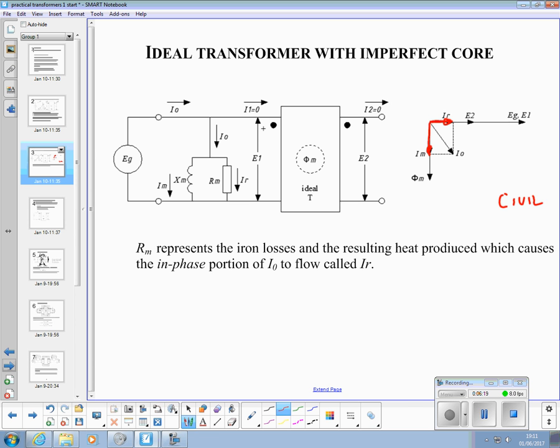And then the overall current I0 flowing there is represented by the phasor addition of those two, and that's got an angle in there, the phase angle. So that phasor diagram, the three red ones represent the currents, and there's the generator voltage, EG there. Everyone happy with that?